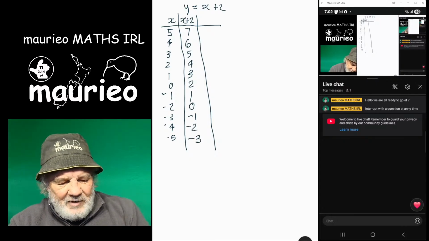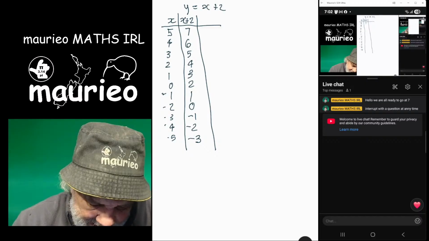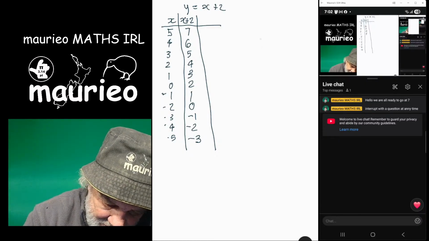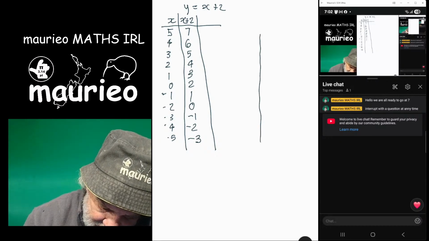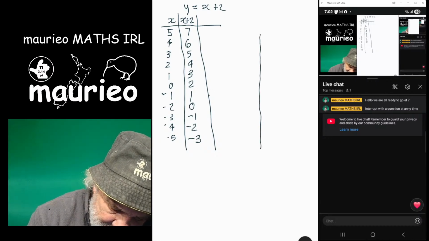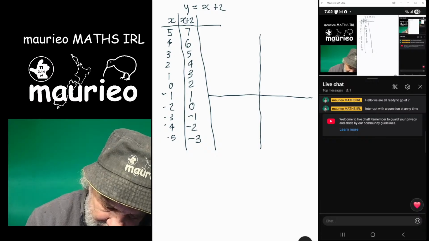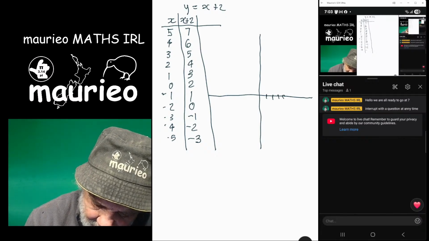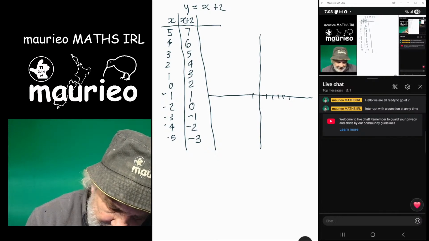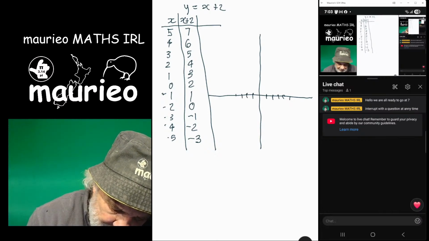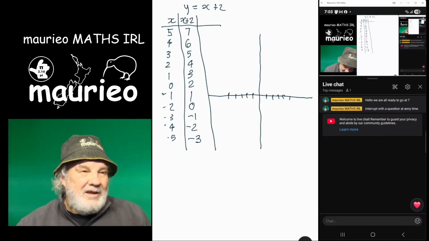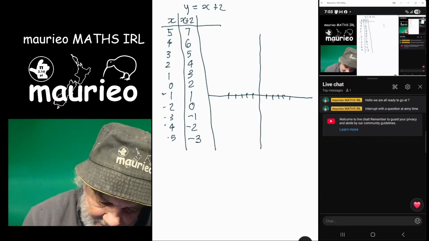And so these give us our ordered pairs on our Cartesian plane. We'll try and draw it in here like this. 0 might be a bit tricky. 1, 2, 3, 4, 5. Negative 1, 2, 3, 4, 5. So you can see that's our x values there.